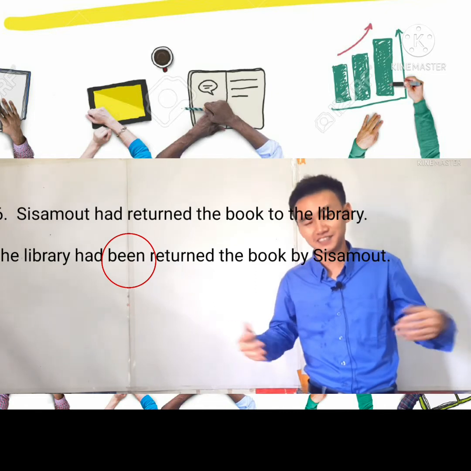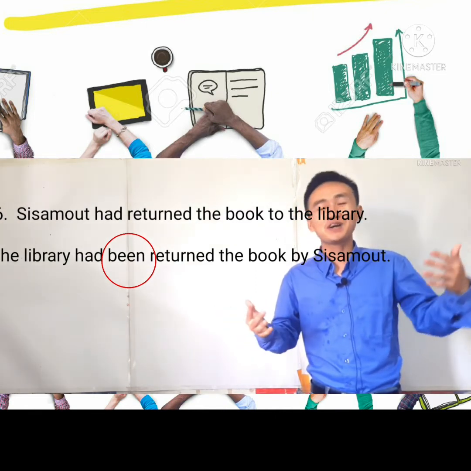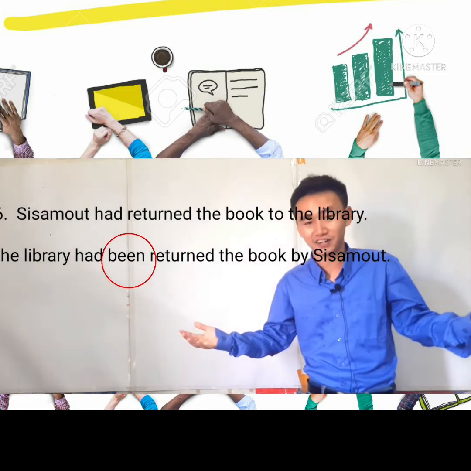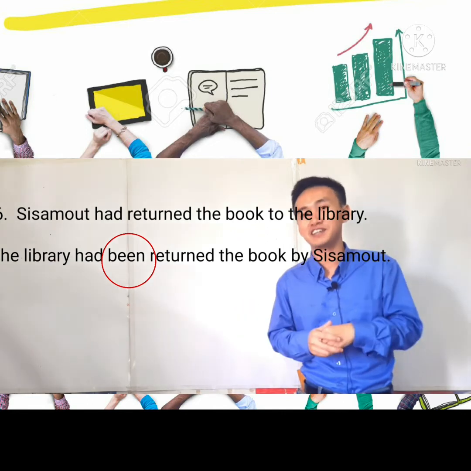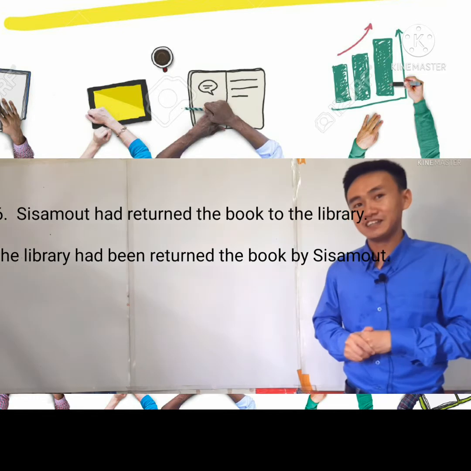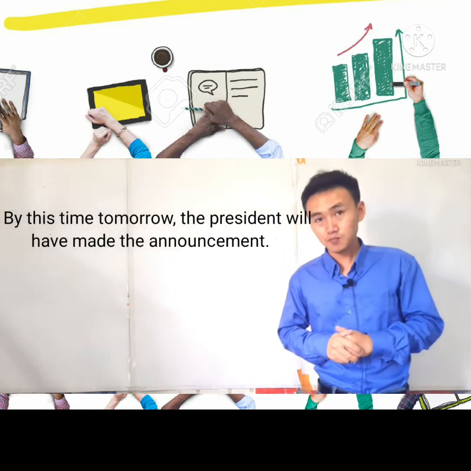Like I told you guys, any perfect tense needs been. Present perfect, past perfect, or even future perfect. Been after the words have or had. You're right.